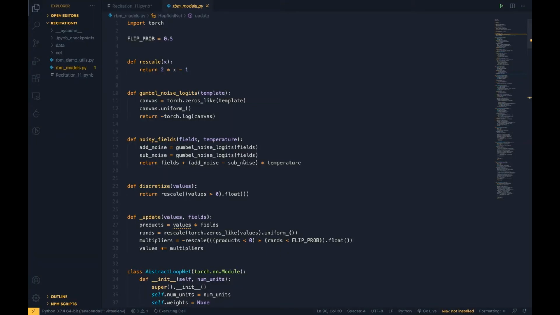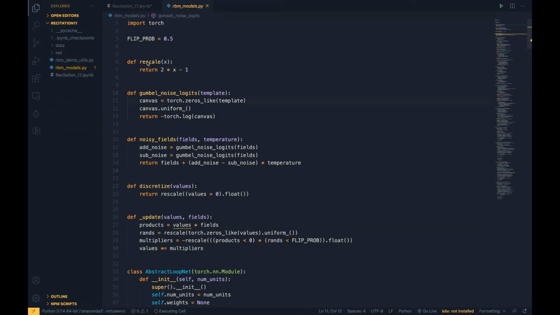Now let's take a look at the implementation of these Hopfield networks. At the very beginning, there are some helper functions that will be very useful. The rescale function takes a torch tensor of vectors that only consists of 0s and 1s. It uses 2 times x minus 1 to convert 0 to minus 1 and 1 to stay the same.